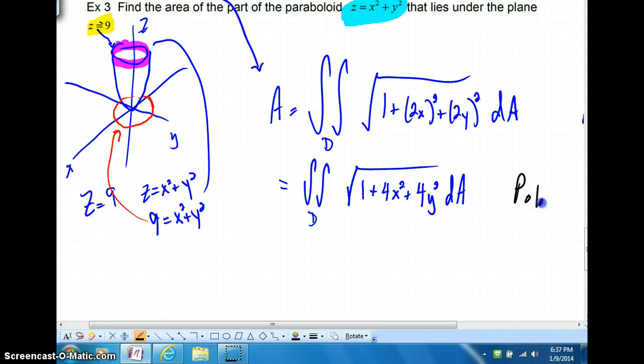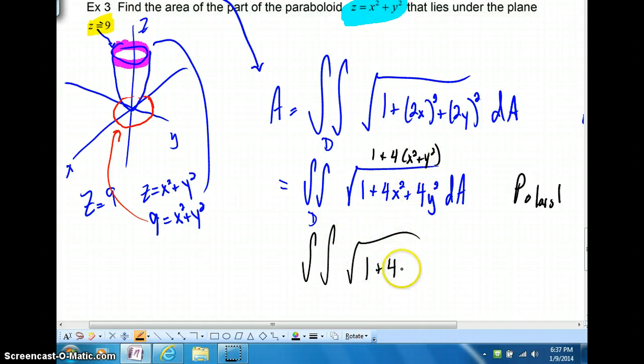And with polars, my goodness, that's something you want to take advantage of every single time you can. Look, by factoring out a 4 inside the square root, we just have x squared plus y squared, and that would lead us to, very quickly, x squared plus y squared is r squared.